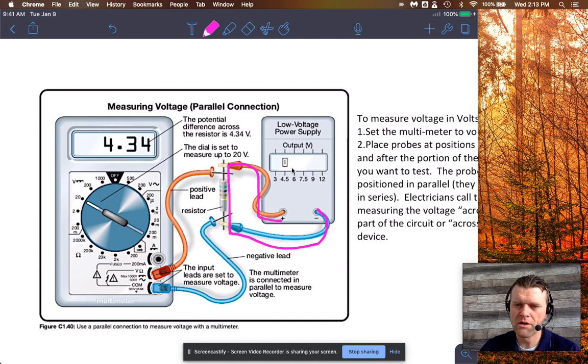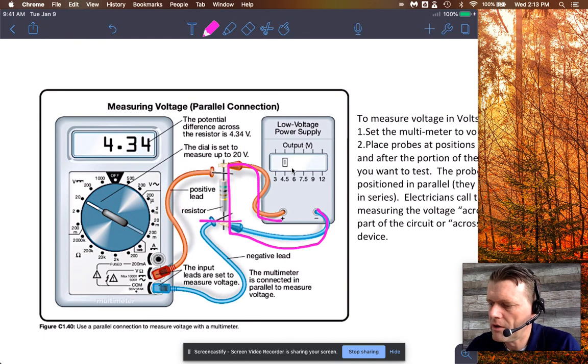That's where the current's going. What we're doing is bringing in the probes to measure the potential difference across the resistor. We call that, well, I guess in this case it would be parallel.